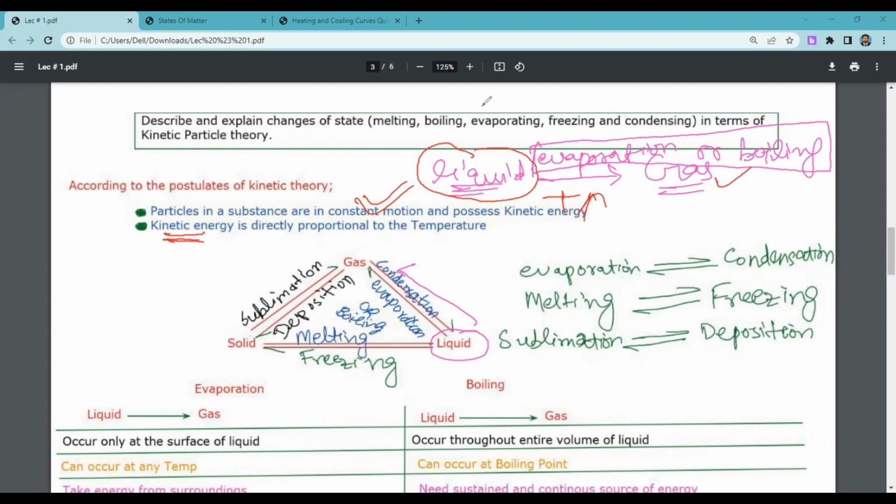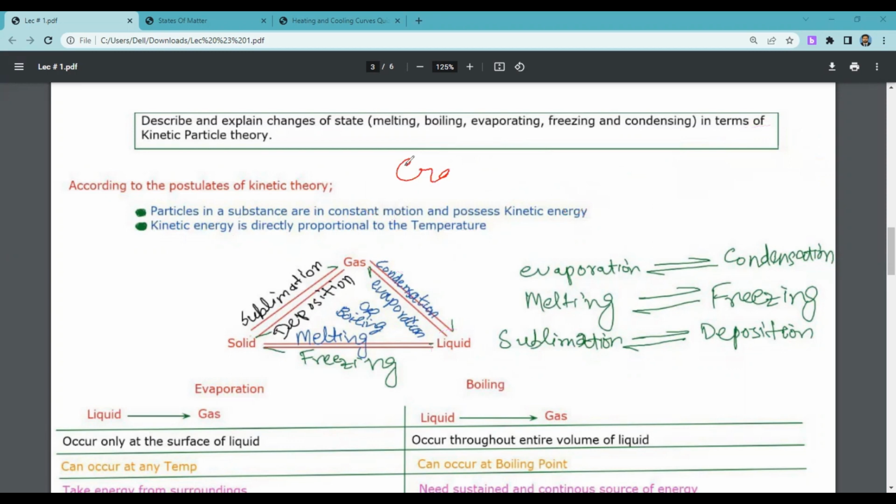If a gas is converted into liquid, this is called the process of condensation. In this diagram, in this graph, you can see that liquid is converting into gas.